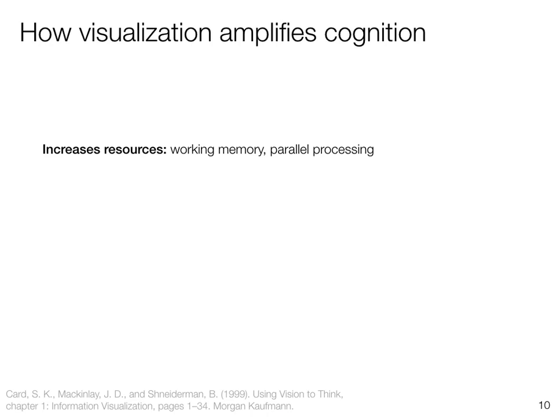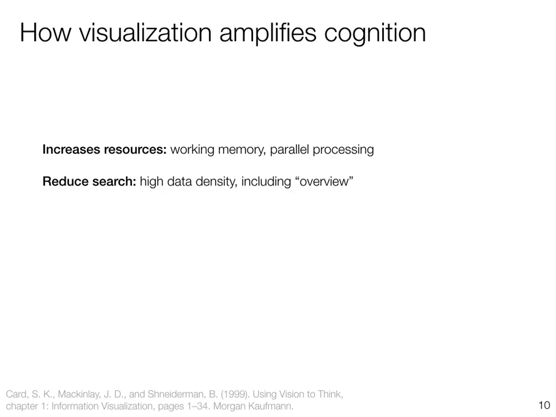So first, it actually increases our mental resources, our capacity of remembering something. So our working memory is actually extended because we're externalizing part of the data or the information that we're reasoning about. And we can also do parallel processing because our visual system actually can scan fields and can see patterns in a non-linear fashion.